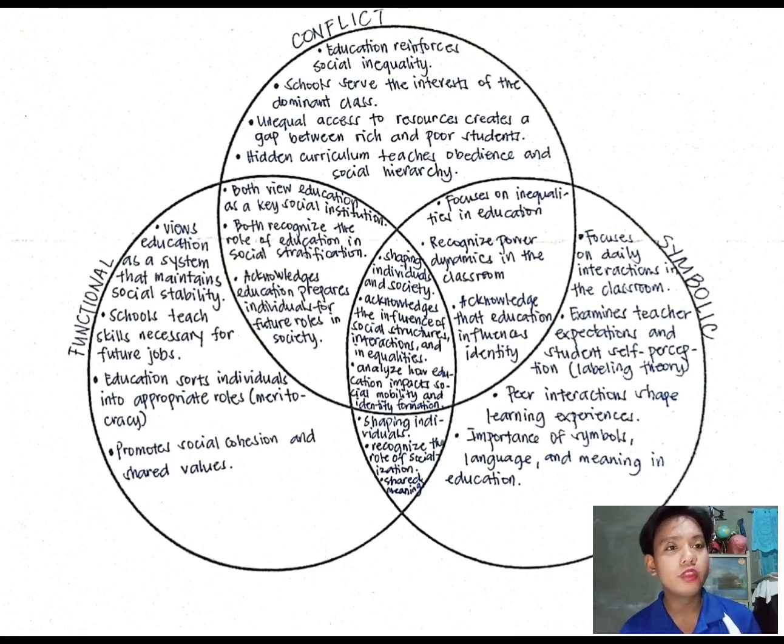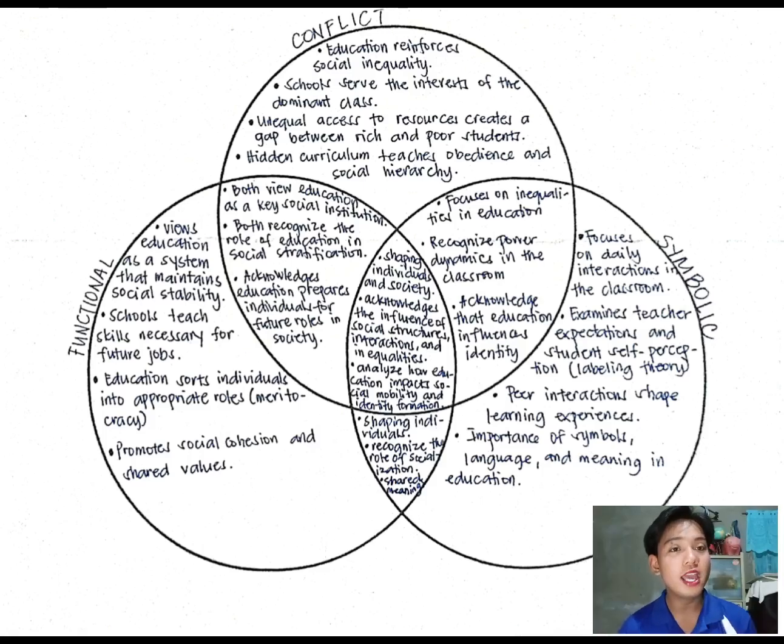Furthermore, both theories agree that education prepares individuals for future roles in society. But functionalism views this as a positive process, whereas conflict theory sees it as perpetuating existing power structures. Ultimately, these shared perspectives highlight the significance of education in shaping societal outcomes, albeit with differing interpretations of its impacts.